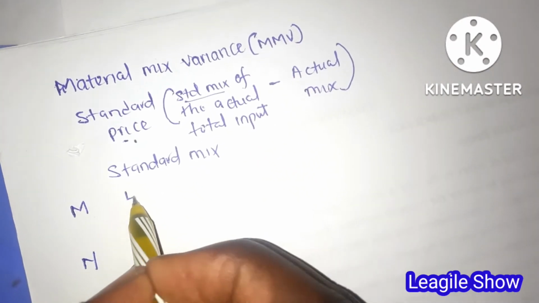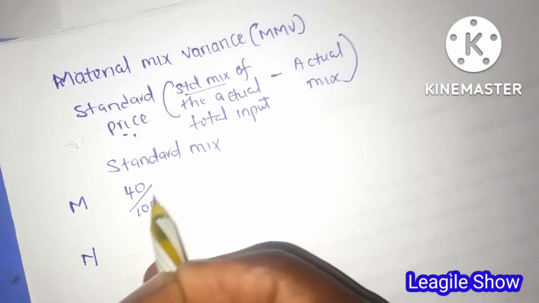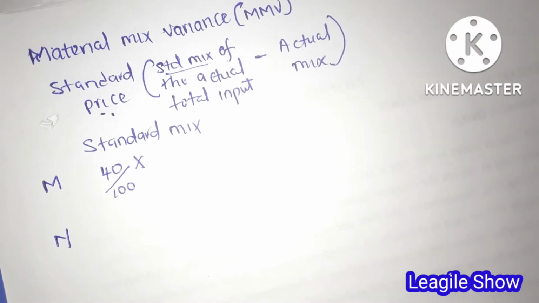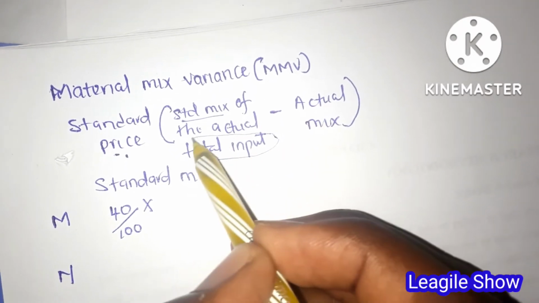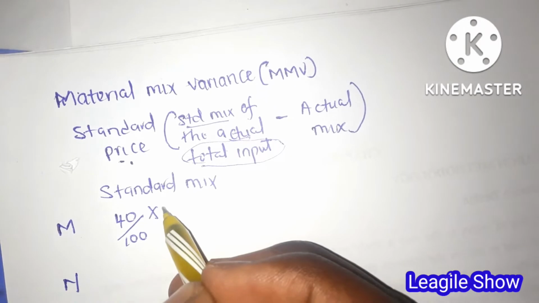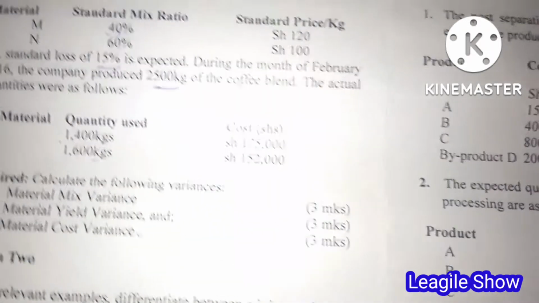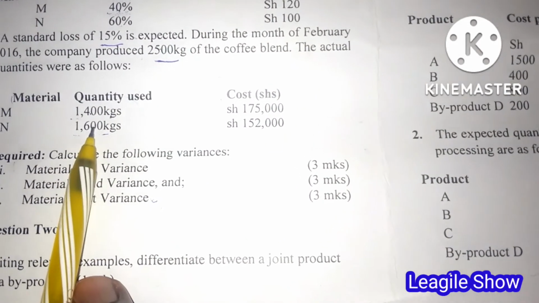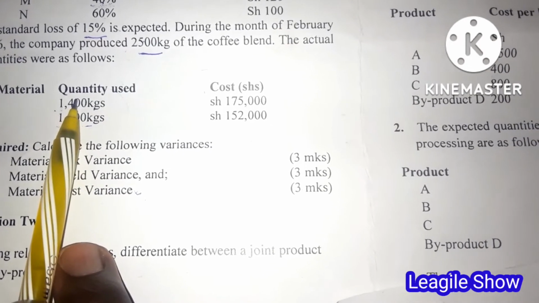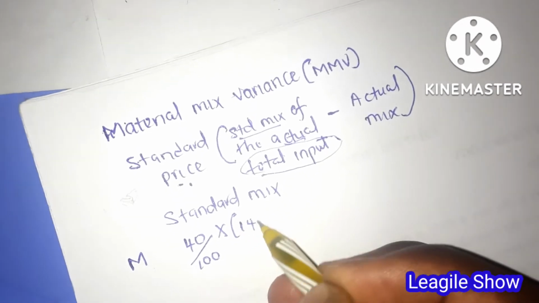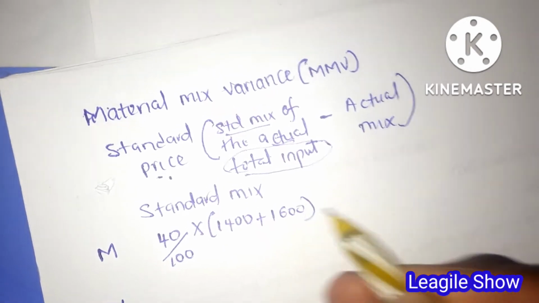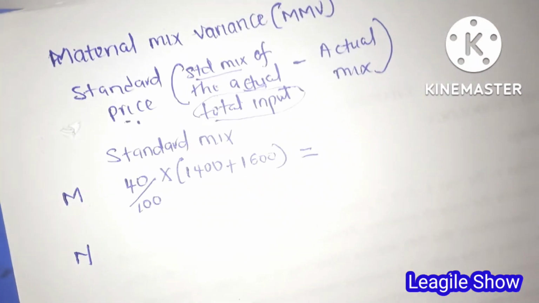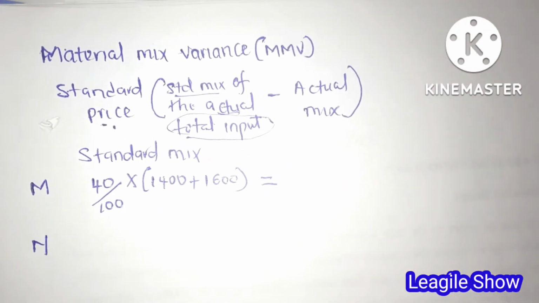So proportion will be 40 over 100 multiply by the actual total input, which will be that of M and N added together, that is 1,400 plus 1,600. This will give us the standard mix for material M.